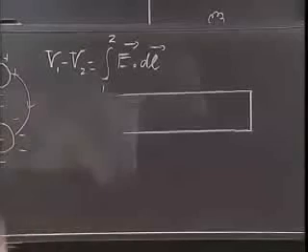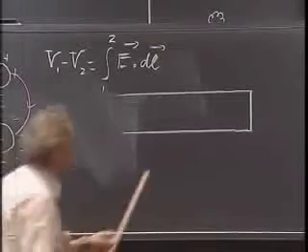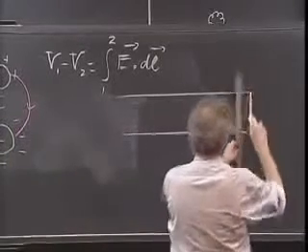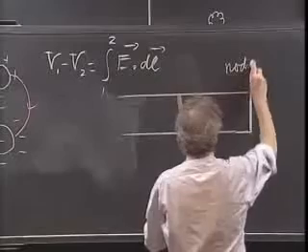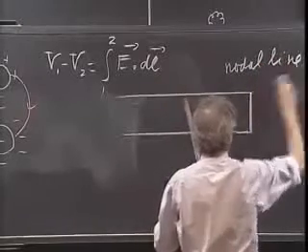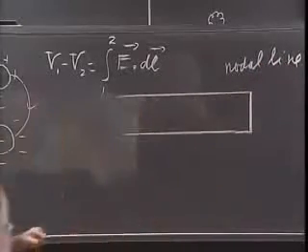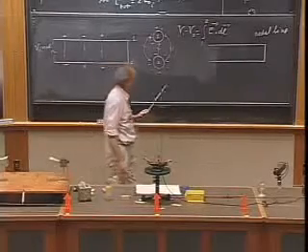That means you get a standing wave. So that means this here is now a nodal line. Everywhere in this line, the electric field will always be 0 at all moments in time.